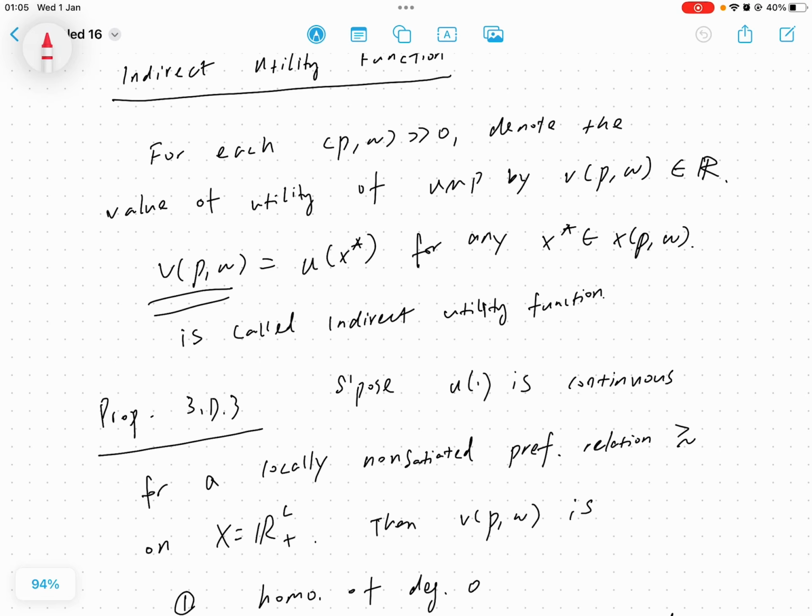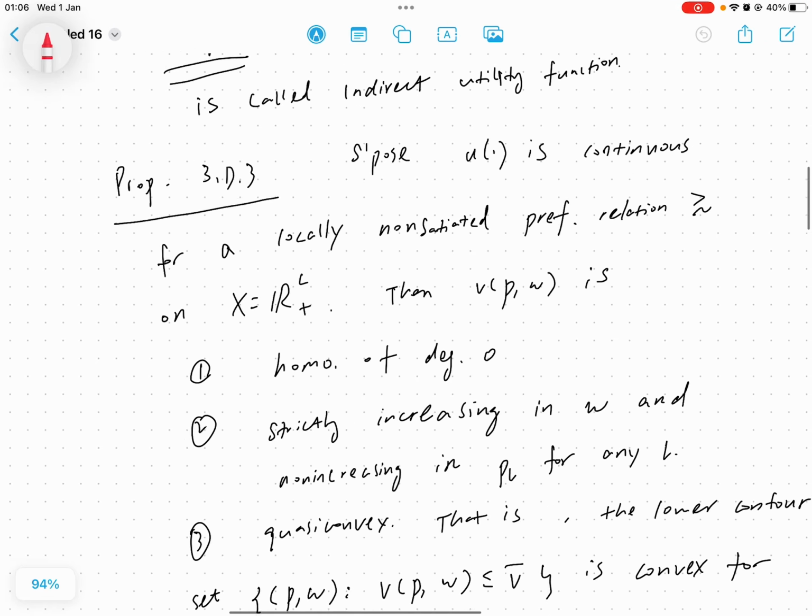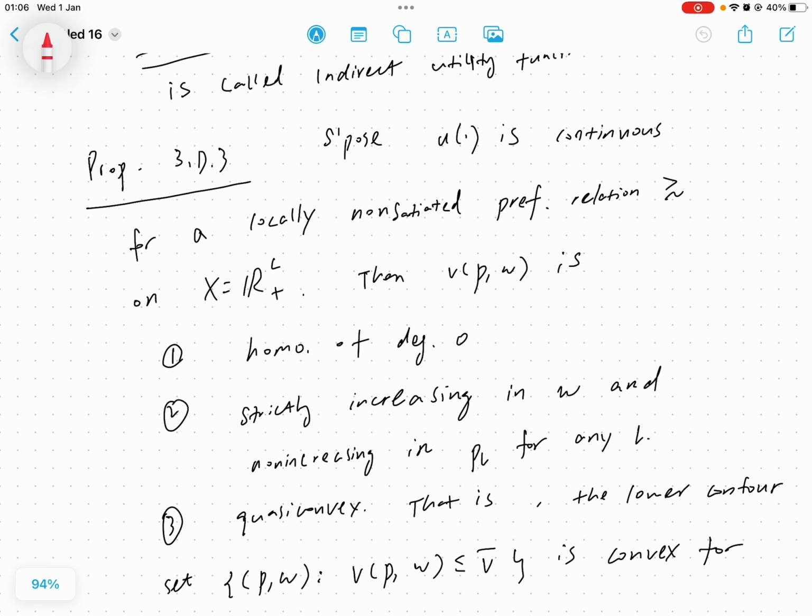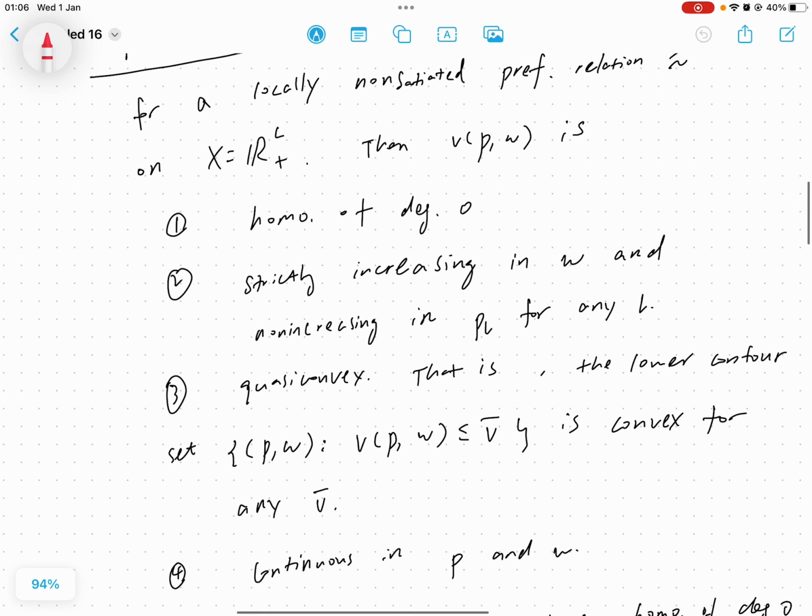This will be Proposition 3.D.3. Suppose the utility function u is continuous and is for a locally non-saturated preference relation defined on R plus to the L dimensions. Then this indirect utility function has four important properties.